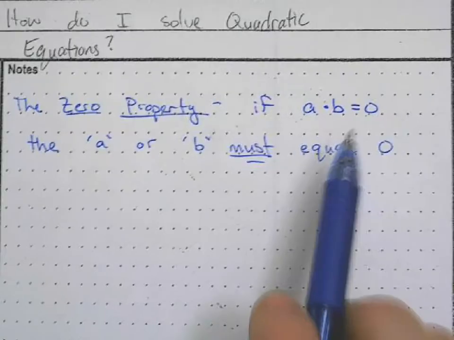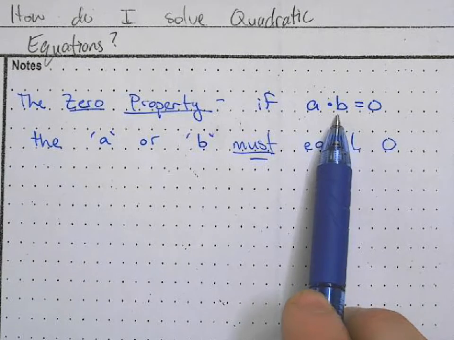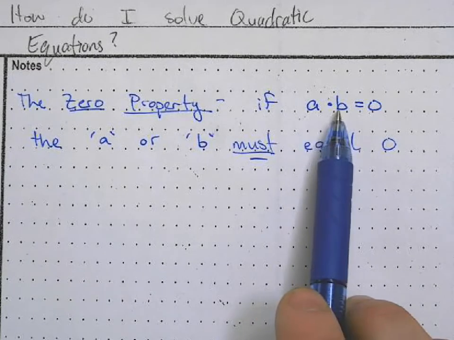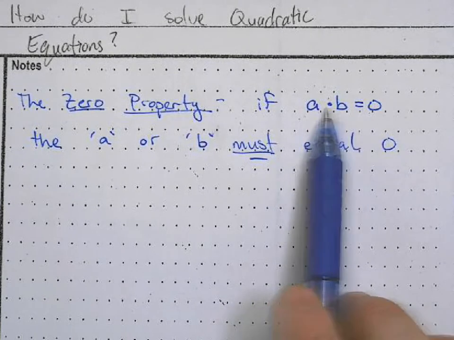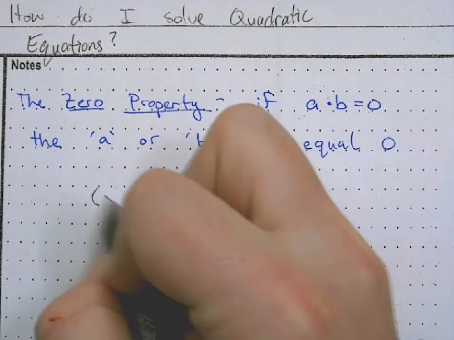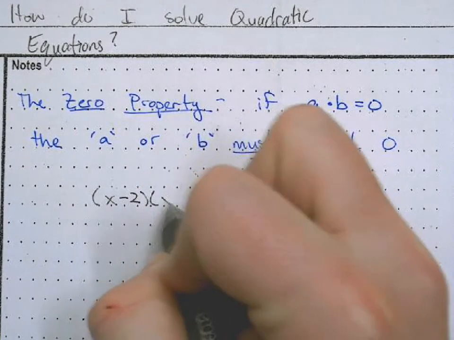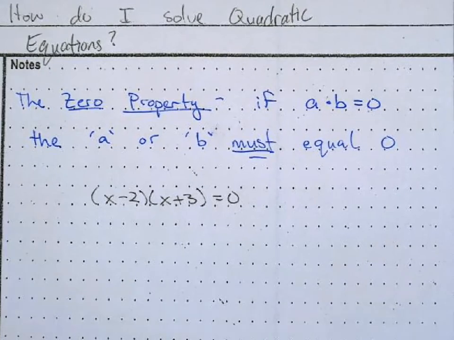Now we've gotten to the point where we're more comfortable with A and B being more than just letters, more than just numbers or more than just variables. They can be whole expressions now. So let's say I had this expression, x minus 2 times x plus 3, and it equals 0.